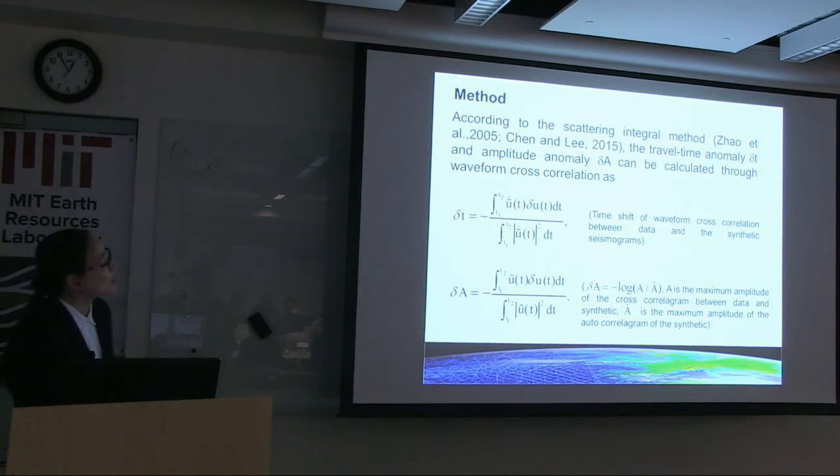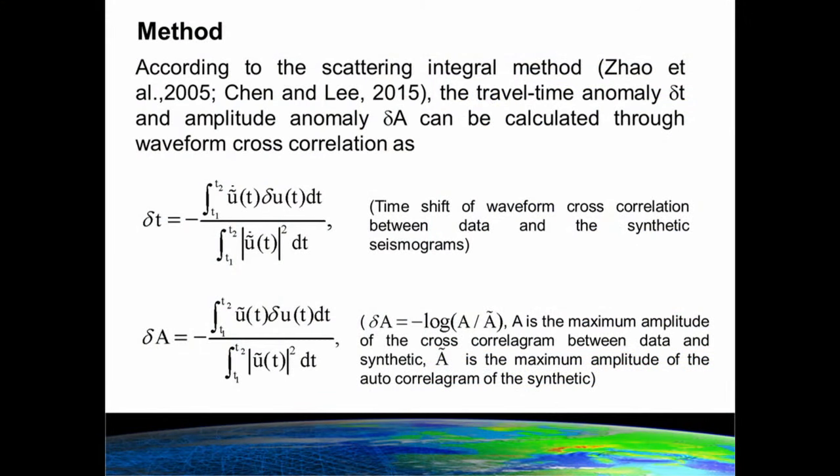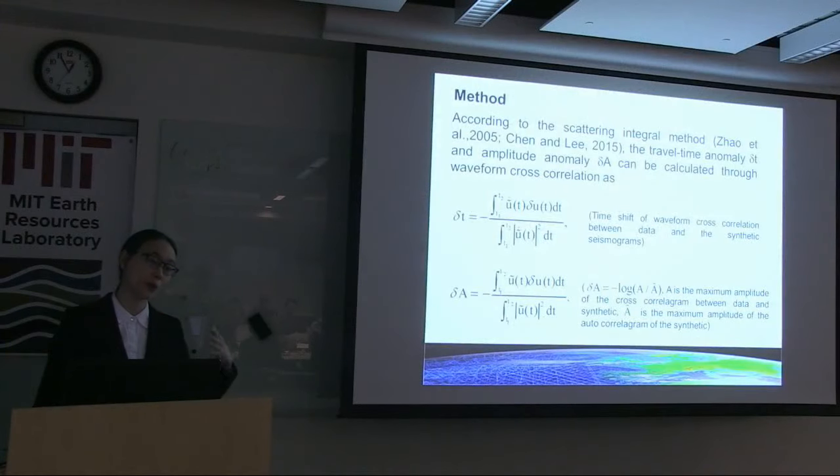We use the scattering integral method for the full waveform inversion, and in this book they have proved that the scattering integral method actually theoretically is equivalent to the adjoint inversion method. So theoretically they are equivalent, but they have different steps when performing the inversion.